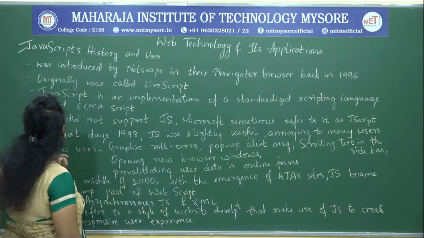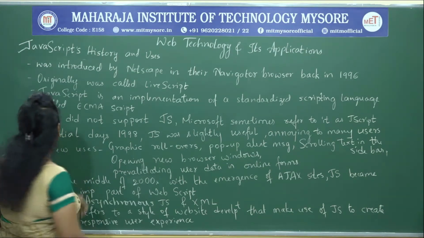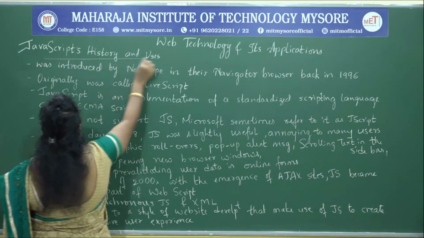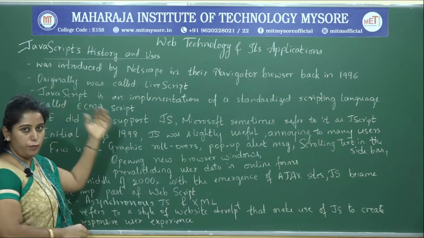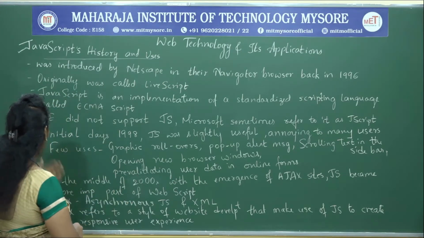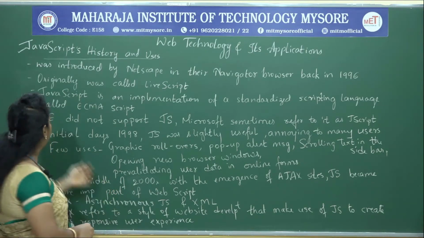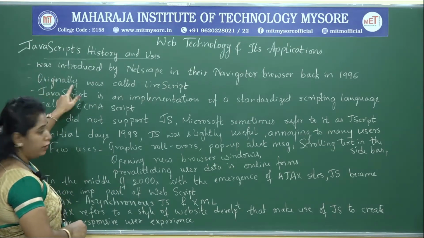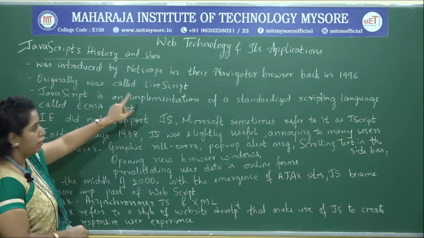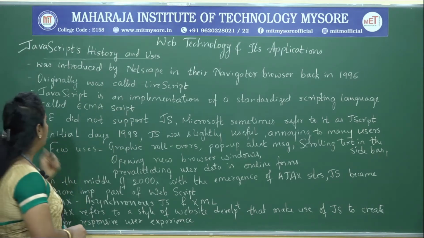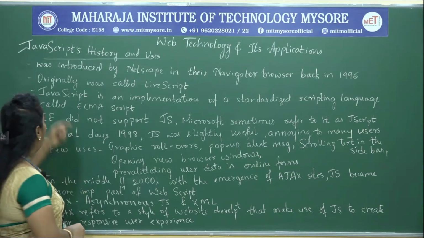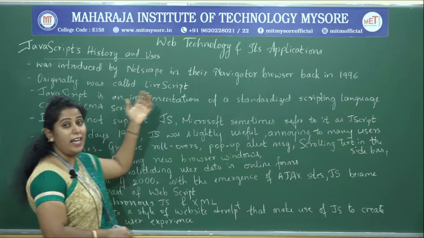So we will start with the first one, that is JavaScript's history and uses. I have listed a few points in order to understand better. JavaScript was introduced by Netscape in their Navigator browser back in 1996. Originally it was called LiveScript.